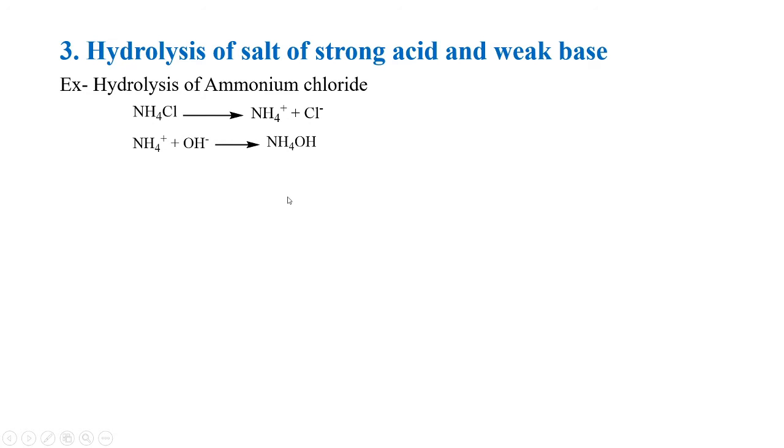Now, to maintain the constant value of the ionic product of water, the water molecule further dissociates, which causes an increase in the concentration of hydrogen ions in the aqueous solution of the salt. Then the solution becomes acidic due to hydrolysis.